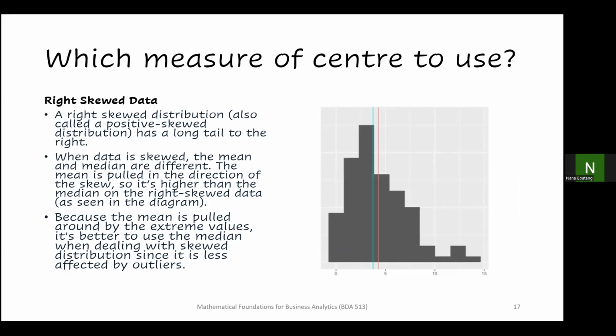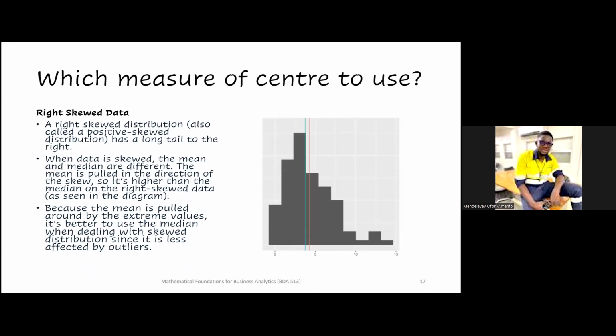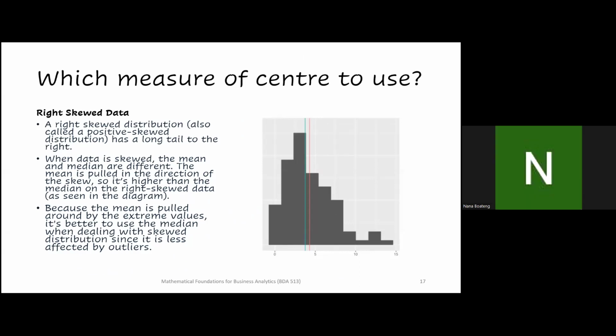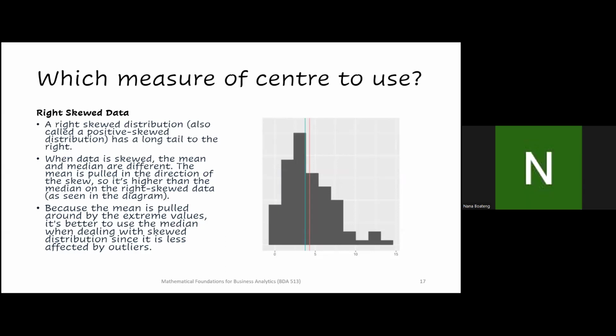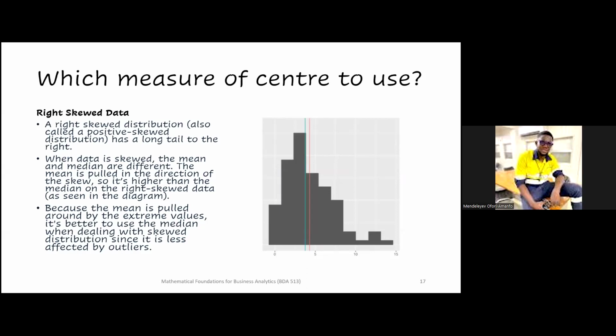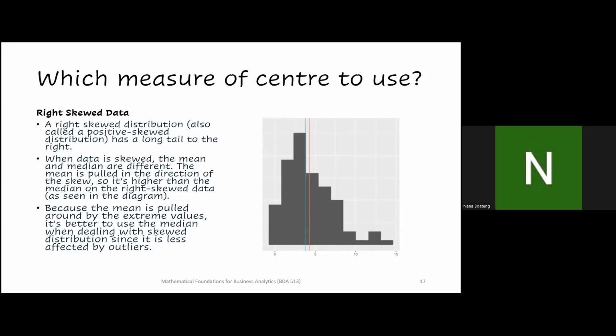But for a typical example, if you are measuring the performance of a class and we put it in a normal distribution, we will have to use the mean or the average instead of the median, because the median would just be the center number, right? But the mean is actually calculated, and it will help you know whether the class is overperforming or underperforming, right? So in that case, you will have to use the mean.